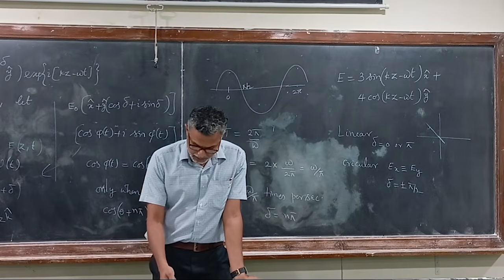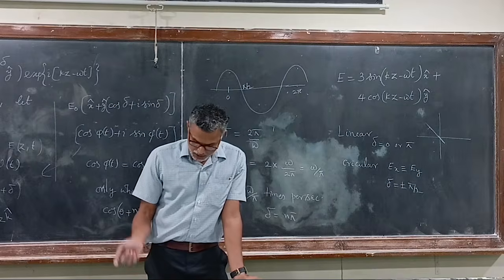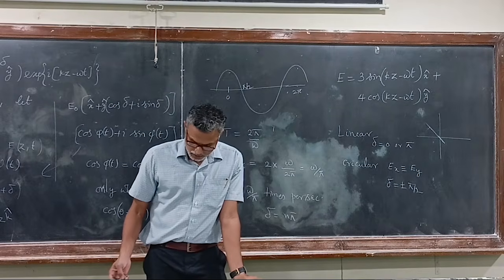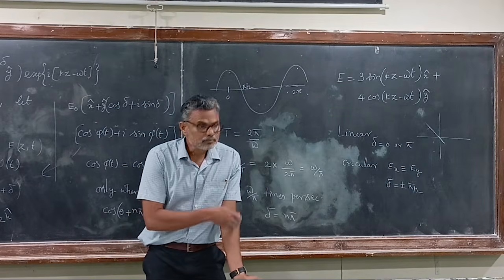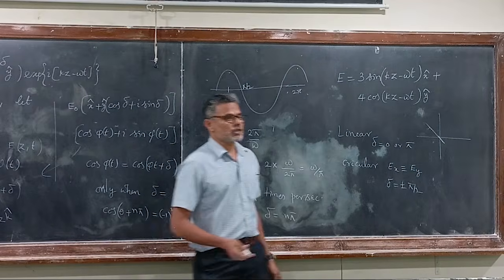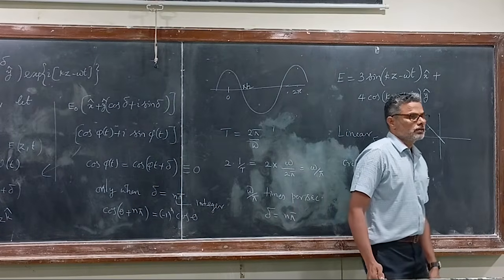Because you can see here, with elliptical you have two options: one is counterclockwise, another one is clockwise direction. So how to get this clockwise or anti-clockwise?